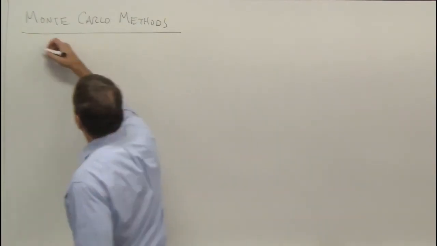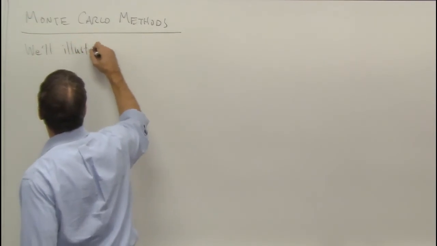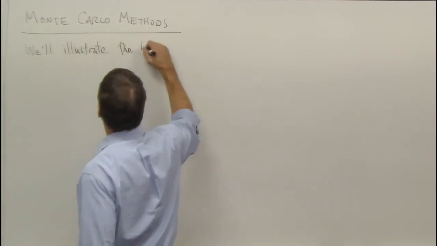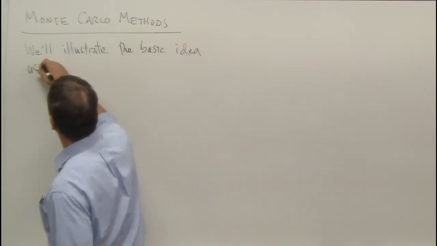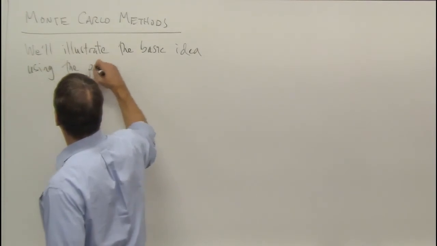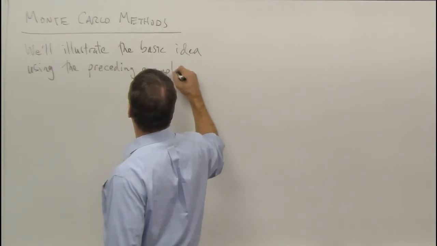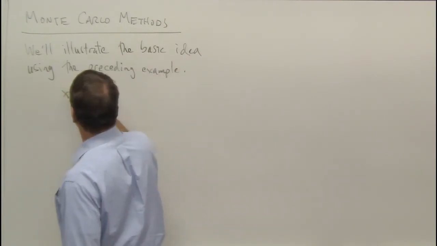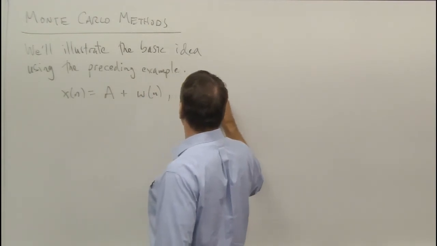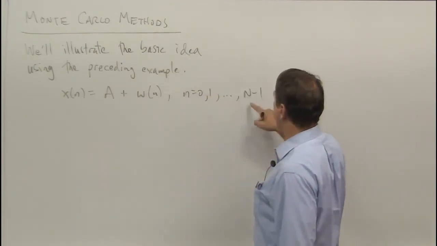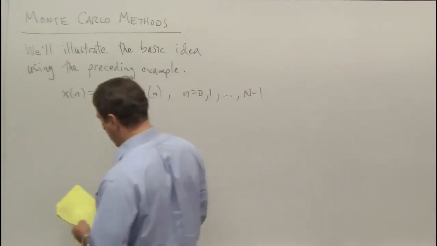Okay, so we'll illustrate the basic idea using our preceding example, where x of n was equal to A plus w of n, n running from 1 up to capital N, and N is now a variable that we will adjust in the simulation.